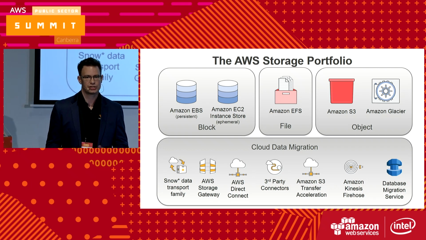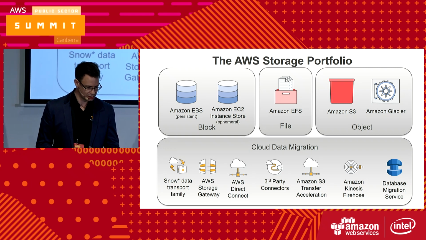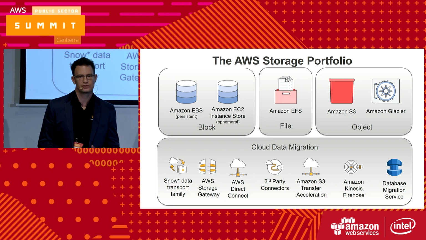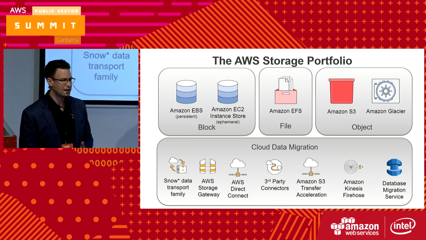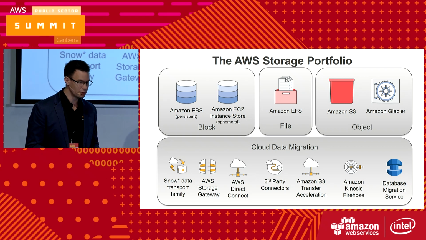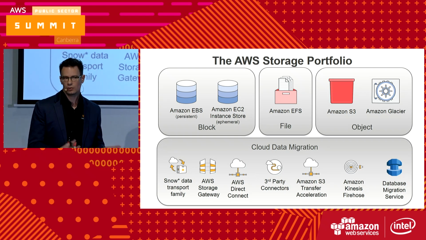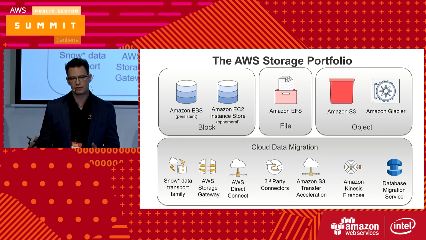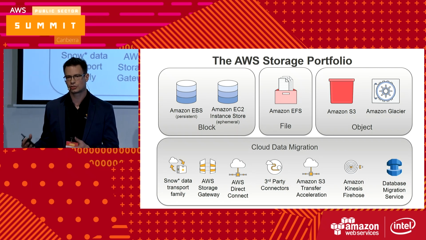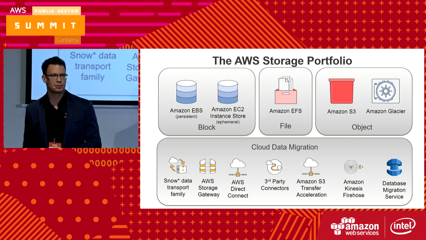S3 Transfer Acceleration, I'm going to go into a little bit today. And Amazon Kinesis Firehose for streaming data directly into S3. I also wanted to point out today that the Database Migration Service includes a new feature. I don't know if you went to the talk earlier today on database migration, but it enables you to treat S3 as a target for your database migrations.